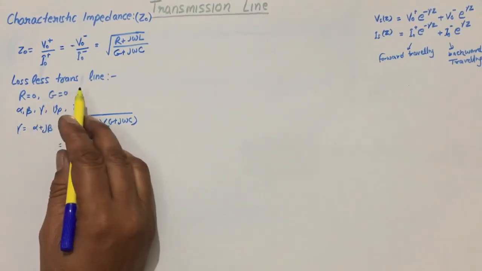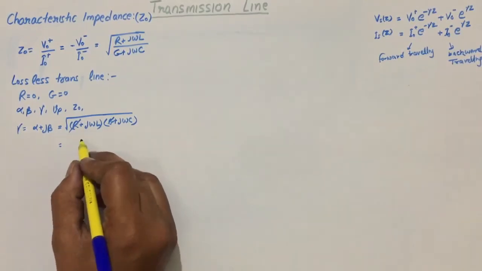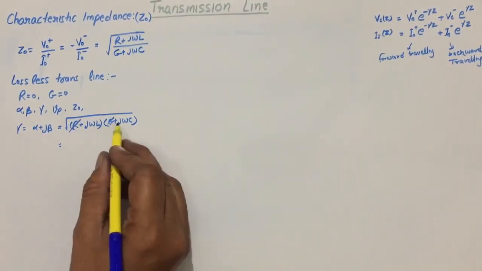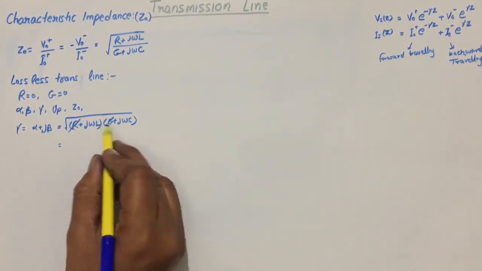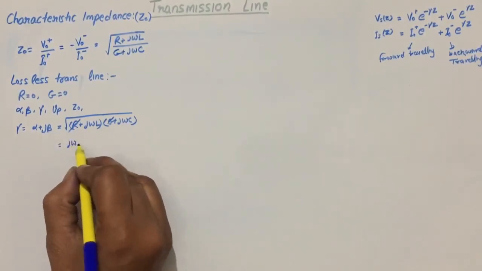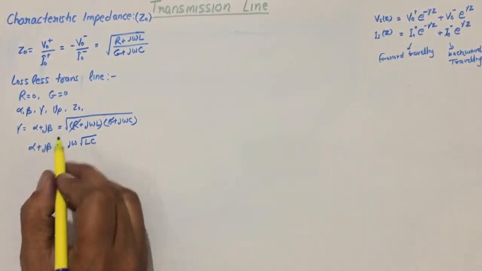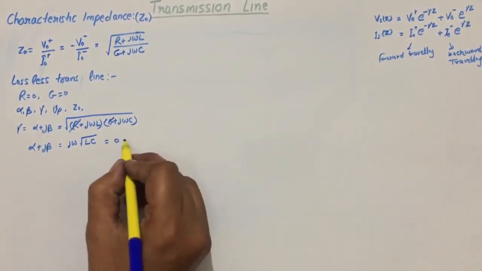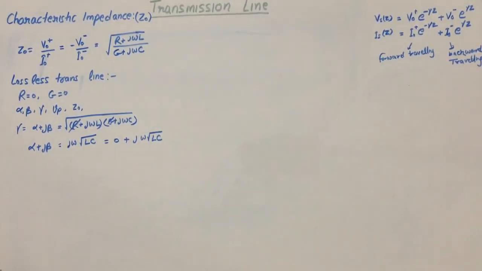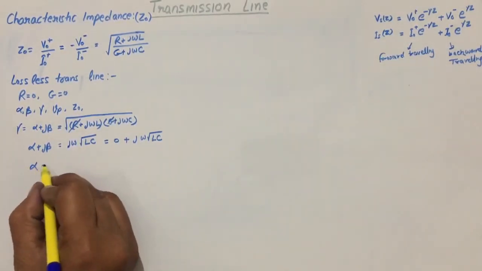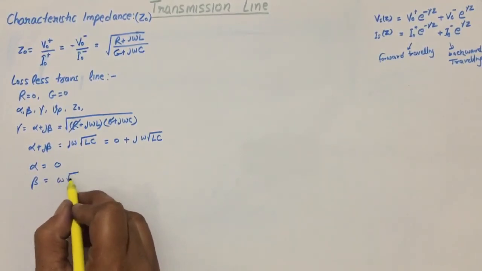For a lossless transmission line, R and G will be 0, and the remaining term will be the square root of j squared omega squared LC, with j omega outside the root. These are alpha plus j beta, and it can be further written as 0 plus j omega under root LC. Now try to find alpha and beta from here. We can say alpha is 0 and beta is omega under root LC.